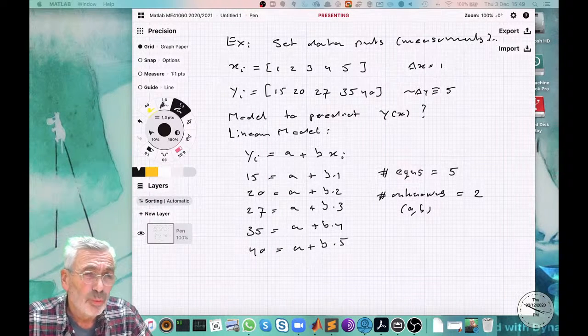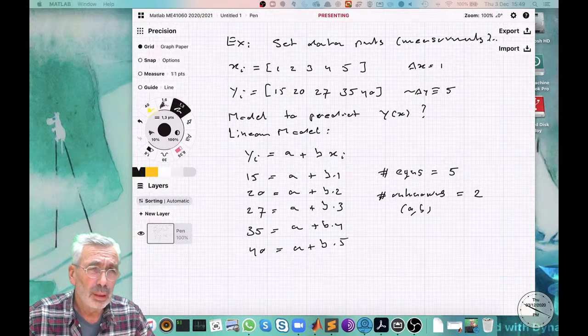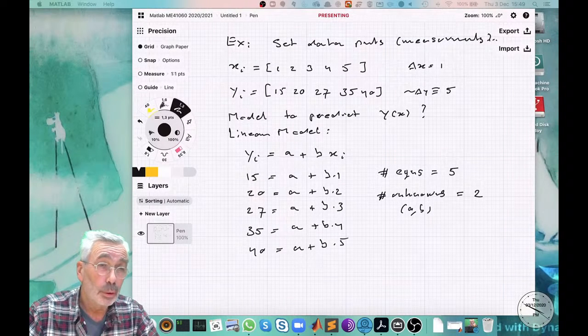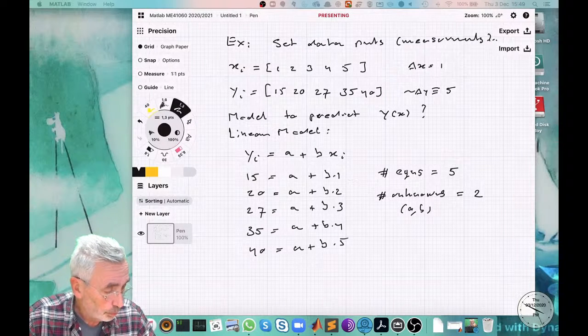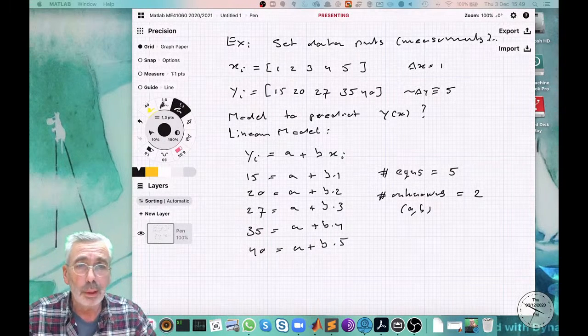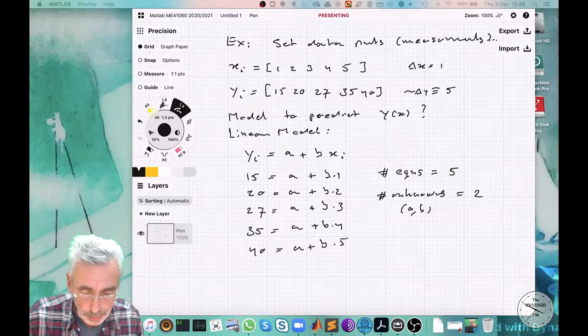So we cannot get these 2 values from these 5 equations. We have to pick 2 equations. So we take the first and the last, or the first and the second, or we add them up and do an averaging, or, you can think of a zillion ways to do that.